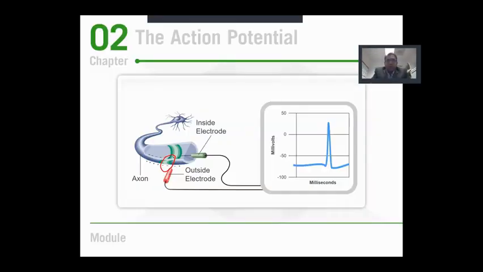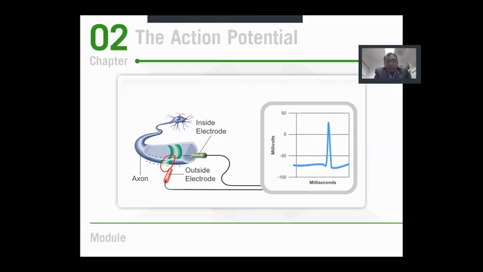Usually, action potential starts at the junction between the cell body and the axon called the axon hillock. And that's where the action potential is generated and propagated throughout the length of the axon. Now, an action potential basically is this sudden reversal of the charge on the membrane.